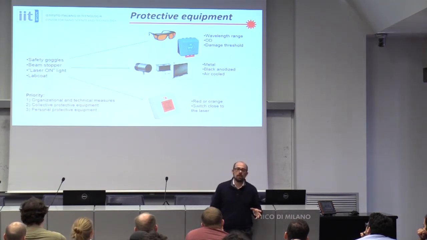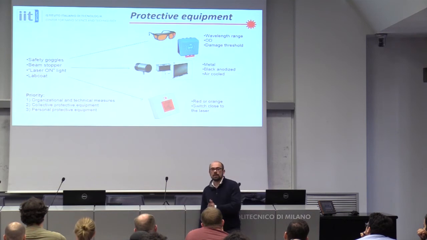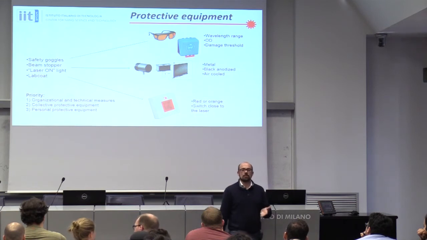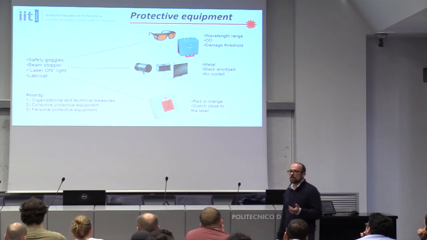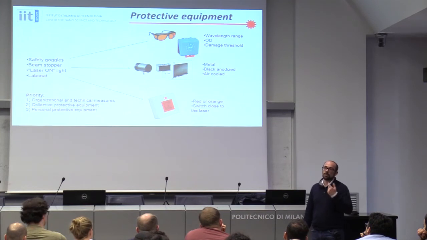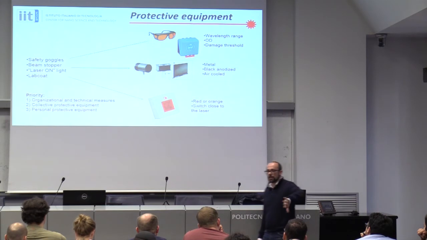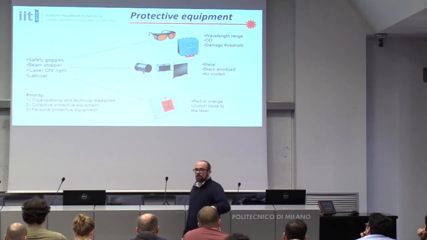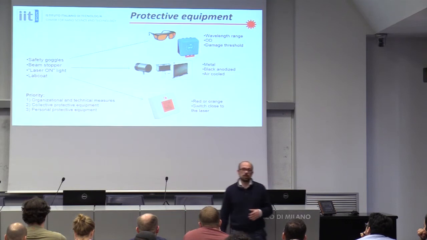For example, I would not allow into a laser lab everyone. I will just allow those people that are going to use it. That's actually already a protection measurement, because you're putting at potential risk only a limited amount of people, and all the others are someone you don't have to care about.